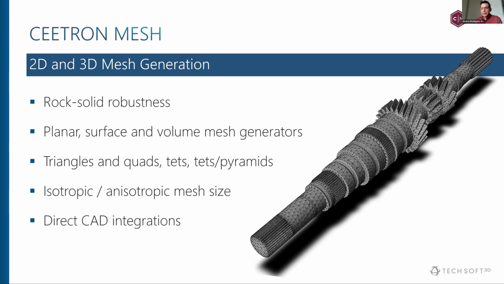And finally, CEETRON Mesh includes bridges to Parasolid, ACIS, and Open Cascade. And obviously, in the next month, we'll be finalizing an interface to Hoops Exchange, which will allow to connect CEETRON Mesh to the 30+ CAD formats we just saw, supported by Hoops Exchange.